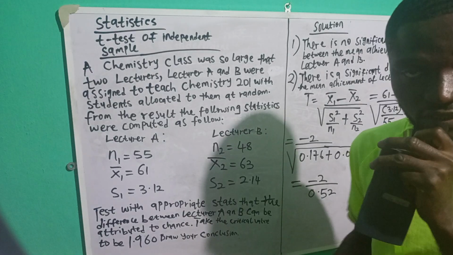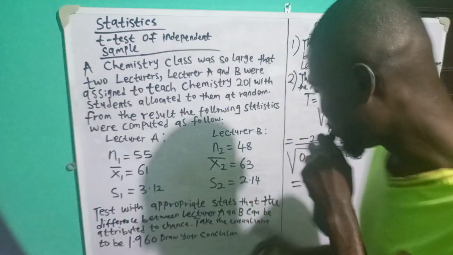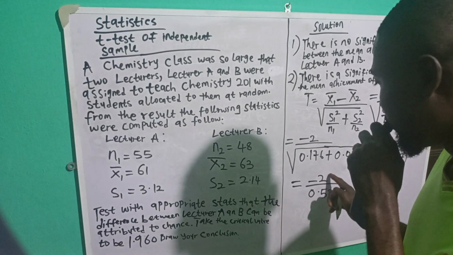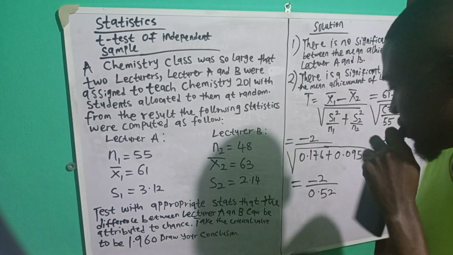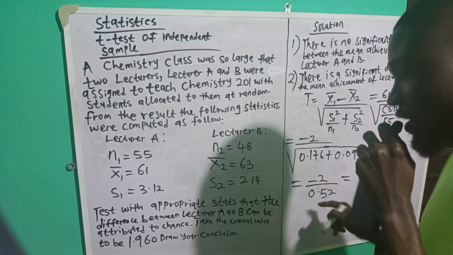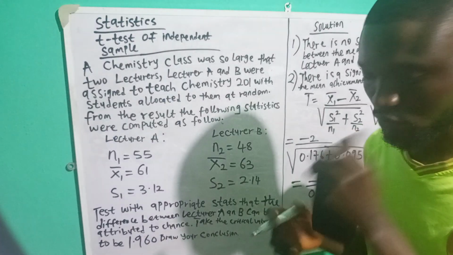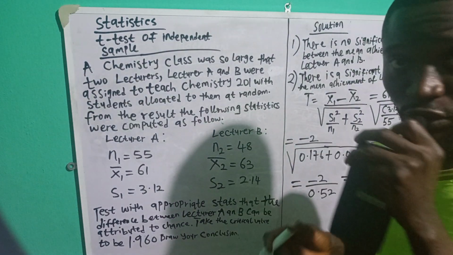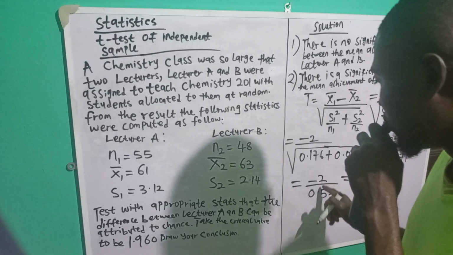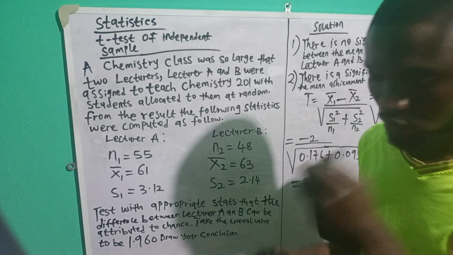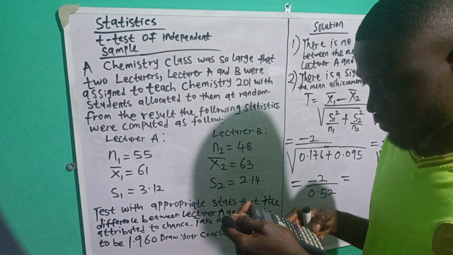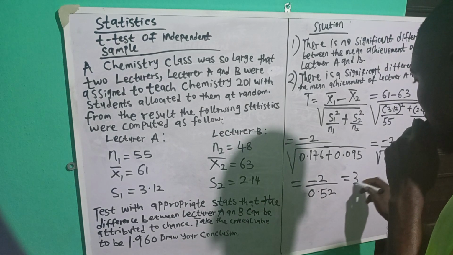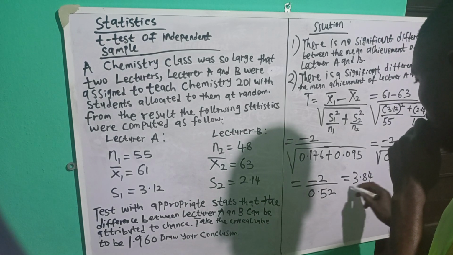But in the t-test, the negative sign is disregarded. So we are going to neglect the minus 2. What we are going to do is just divide 2 by 0.52. Sorry, 0.52, not 0.25. So 2 divided by 0.52 will give us 3.84.